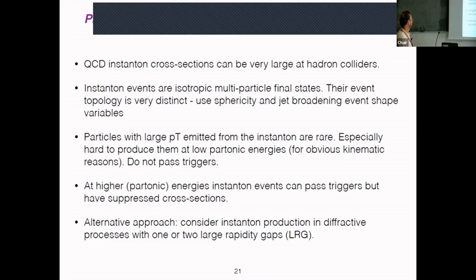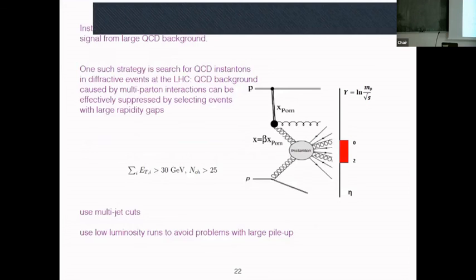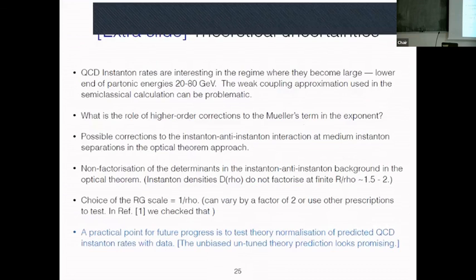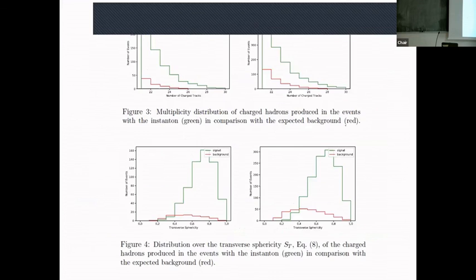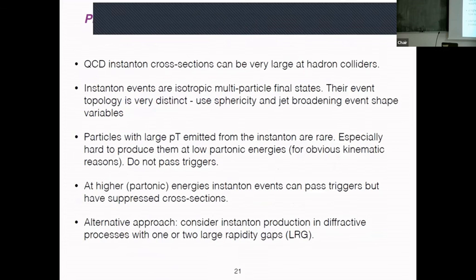One promising idea is to consider instanton production in diffractive processes. I ran out of time, so I won't talk very much about it, but that has started being investigated. Single diffractive and double diffractive processes. Okay, so that's basically the end of the talk.